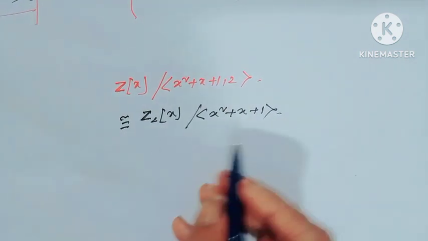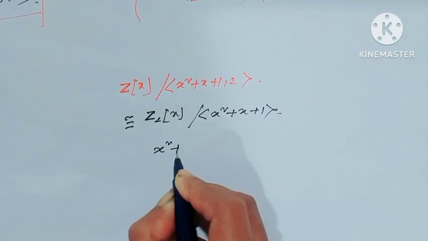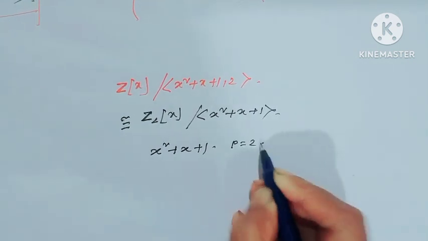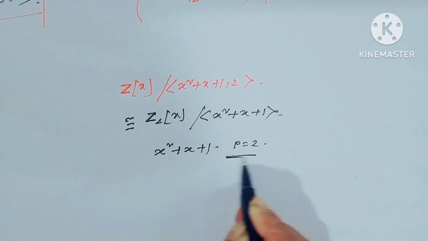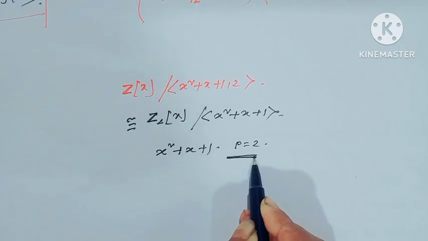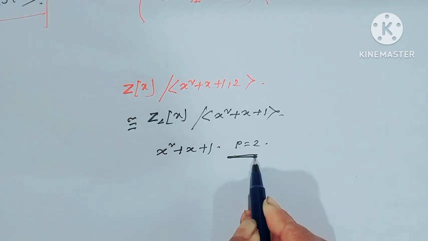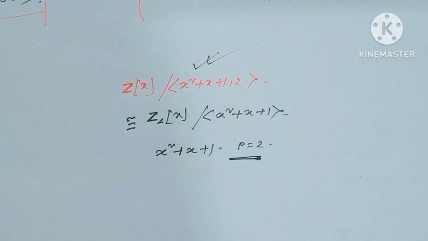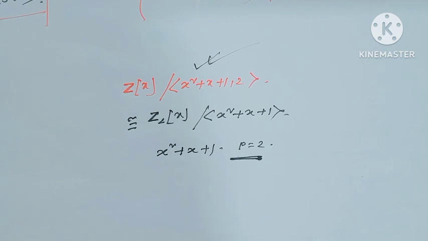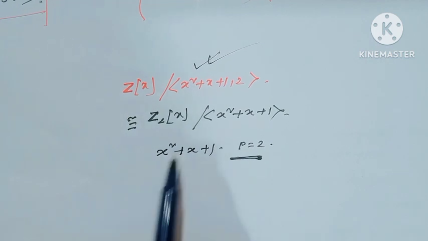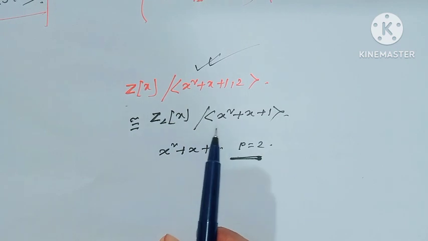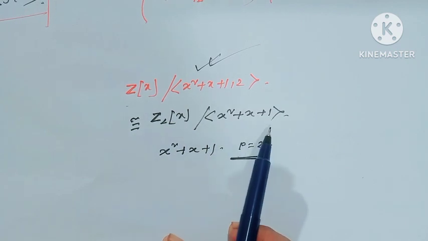And notice, we all know x square plus x plus 1 has no root when p equals 2. So this is an irreducible polynomial. Since it is irreducible, we can tell the ideal generated by x square plus x plus 1, 2 is the maximal ideal, and this ring is isomorphic to Z2[x] modulo the ideal generated by x square plus x plus 1.